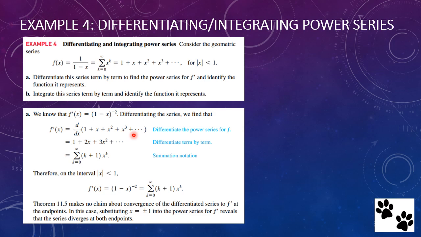So the derivative of this, when we look at the power series term by term, can be defined as the summation of k plus 1 times x to the power of k. When k is 0, we get 1 times x to the 0, or 1. When k is 1, we get 2 times x.